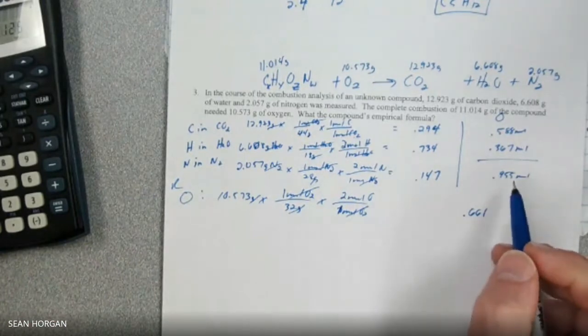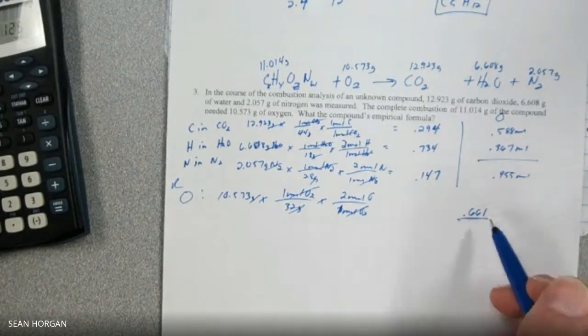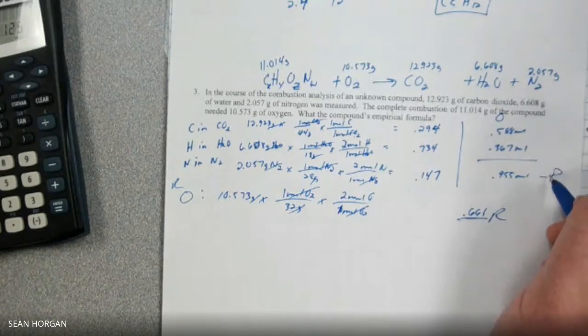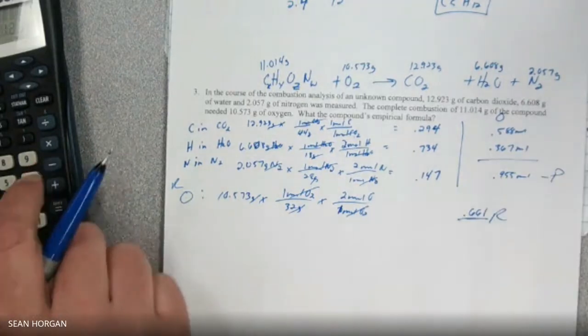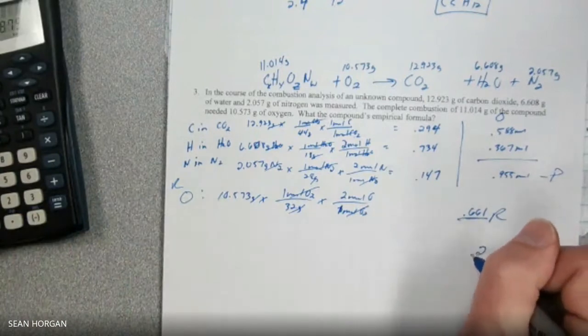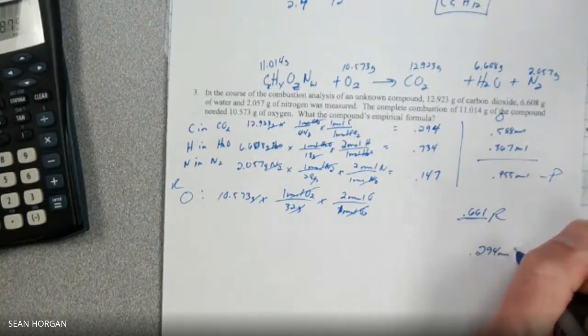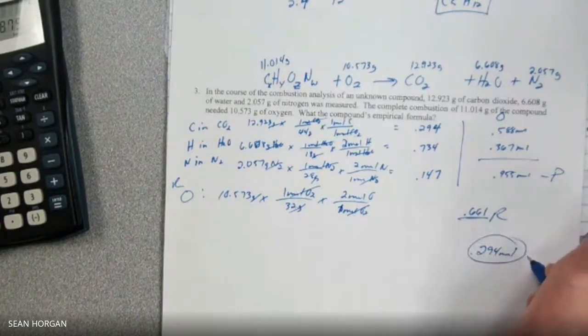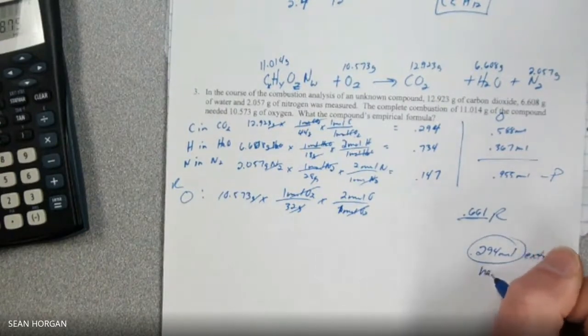So this is how much I have on the reactant side. That's the product. There's a difference of 0.294 moles. So this 0.294 mole extra has to come from the compound.